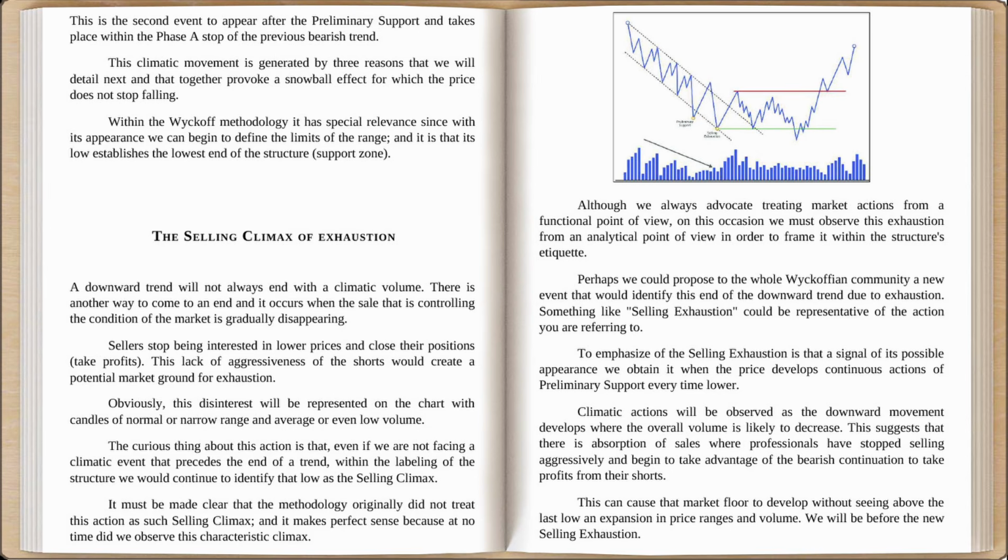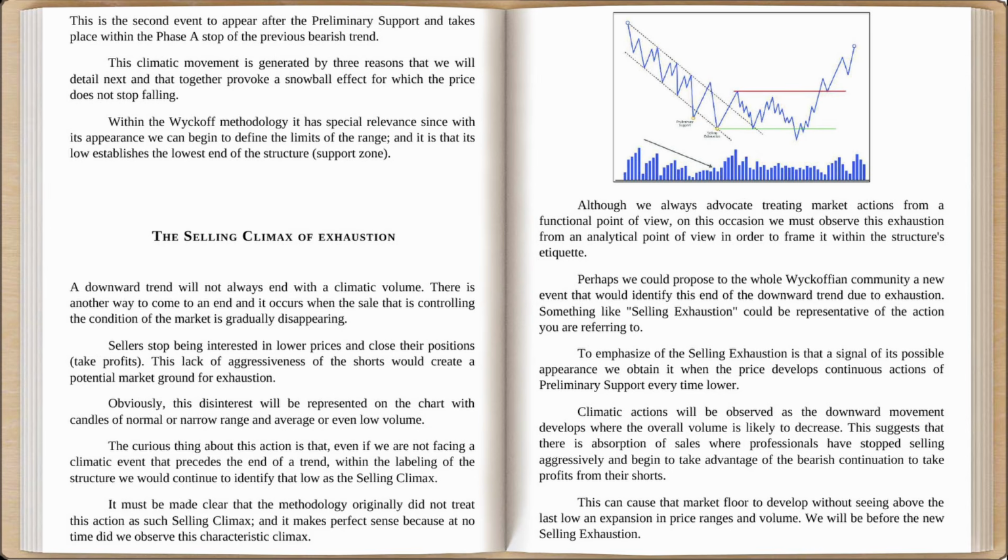Obviously, this disinterest will be represented on the chart with candles of normal or narrow range and average or even low volume. The curious thing about this action is that, even if we are not facing a climatic event that precedes the end of a trend, within the labeling of the structure we would continue to identify that low as the selling climax.